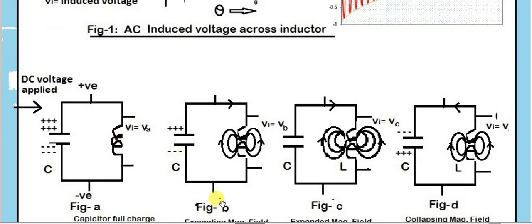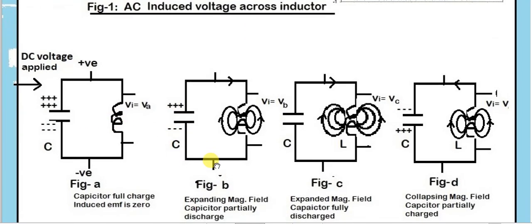You can see the charge gradually being released from this plate and passing through the coil. This discharge is exponential, it's not linear.